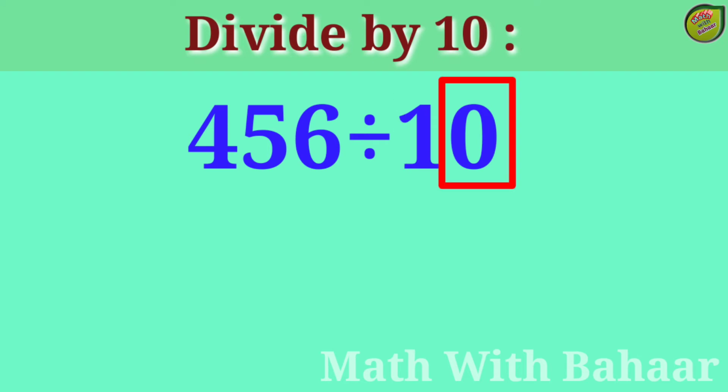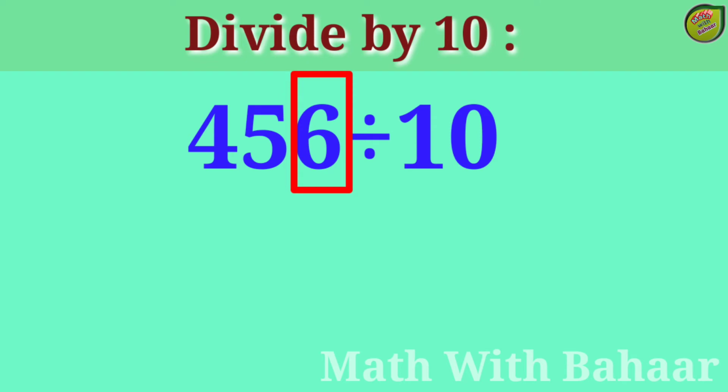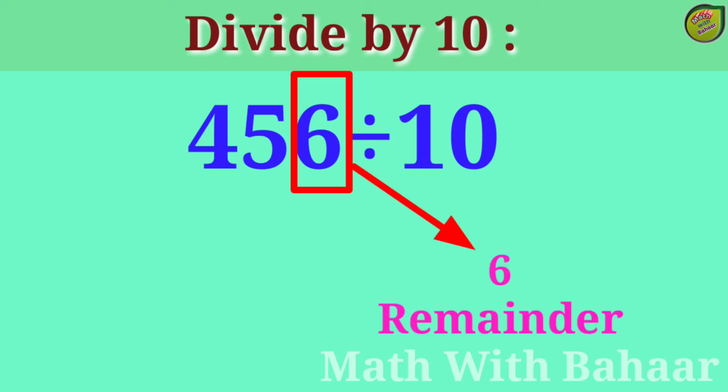Here first we have to observe the divisor. If we have 10 in the divisor, that means it consists of 1 0, right? Therefore, we have to take one digit from the ones place, that is in the dividend part.